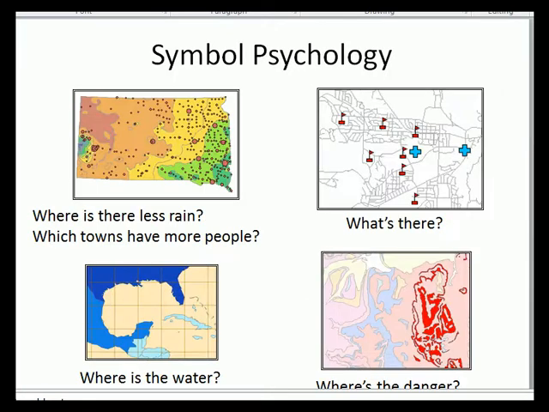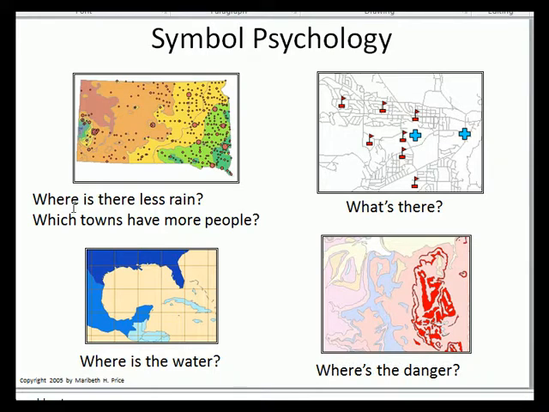So here are some examples of map symbology. This is a symbol psychology slide where some of these make sense and some of them don't quite make as much sense. In this case, the polygons in the background represent amounts of rain throughout a landscape, and the towns are points.